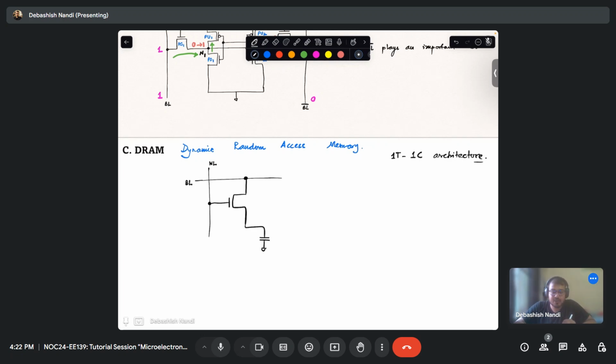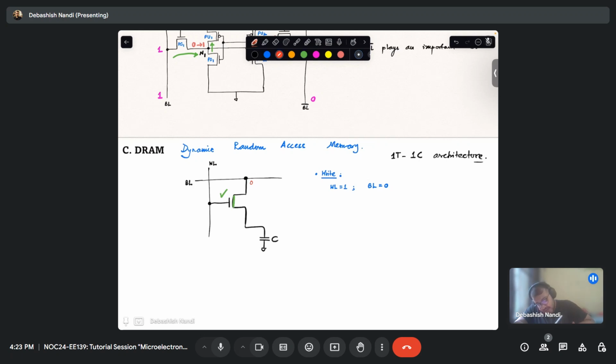Okay, so how do you write to this? Make your WL equal to 1. If bit line equal to 0, what will happen? Let's say this is on, that means a channel is formed.